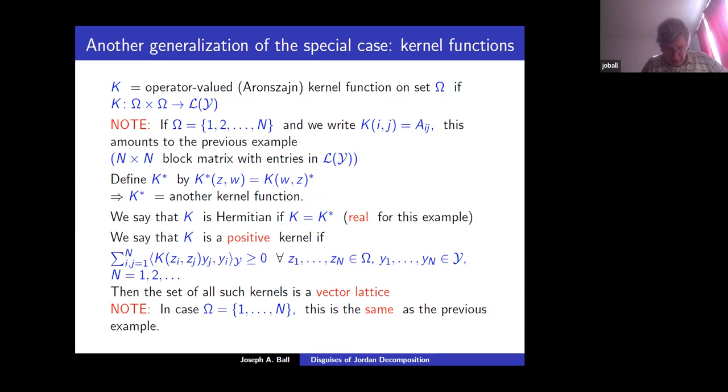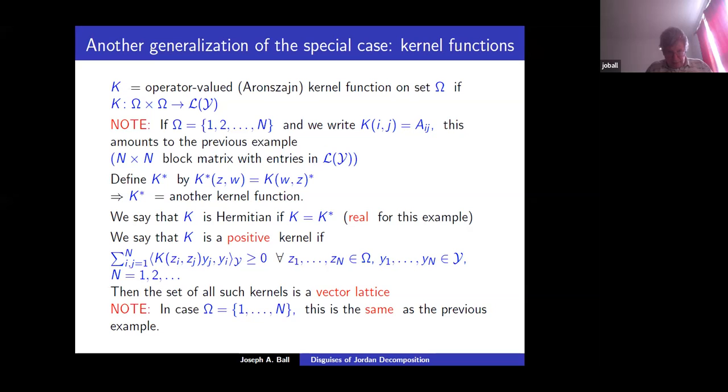Then this K star is another kernel function. It's an involution. We'll say K is Hermitian if K equals K star. And we'll say K is positive if this condition holds, which is just how you write that the block matrix a_ij, when you run over any finitely many points, where you write z_i, z_j instead of i, j, is a positive operator in the Loewner ordering.